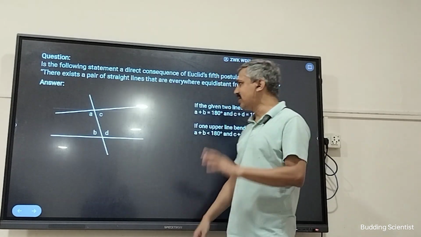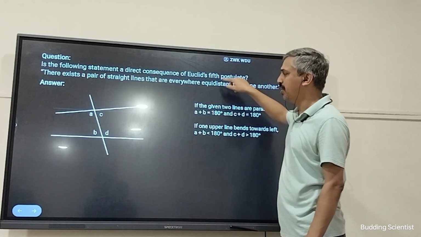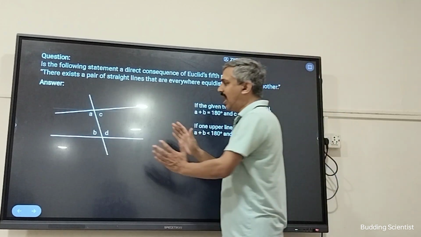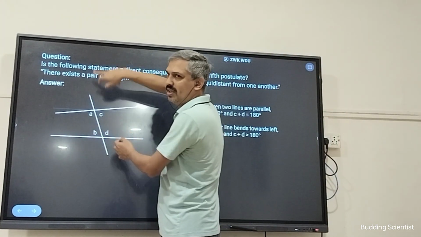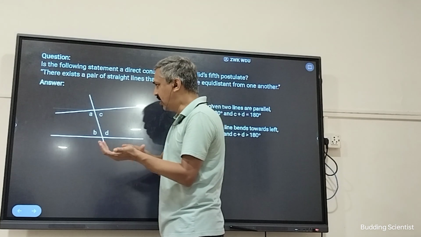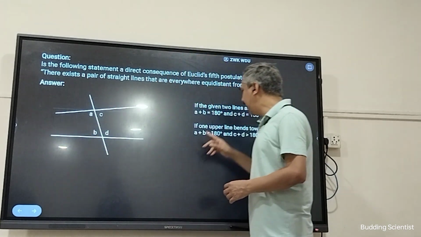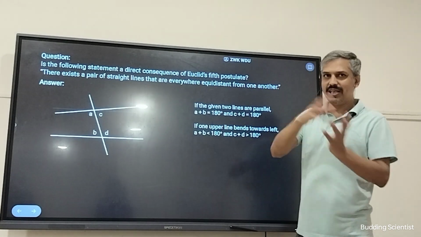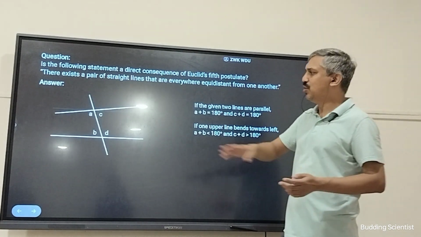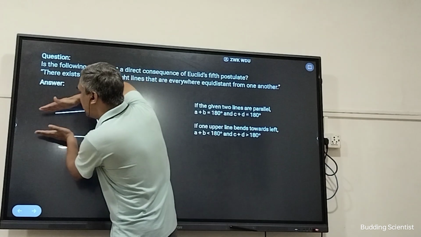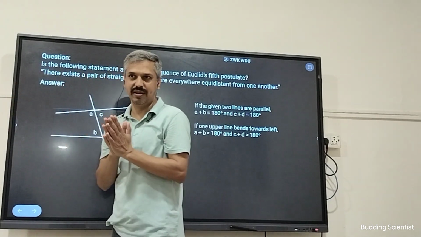And this is what Euclid said in the fifth postulate. Euclid said that if there are two lines and a transversal line, then the side on which the sum of interior angles is lesser is where the two lines will meet. You produce the lines here, they will meet here.